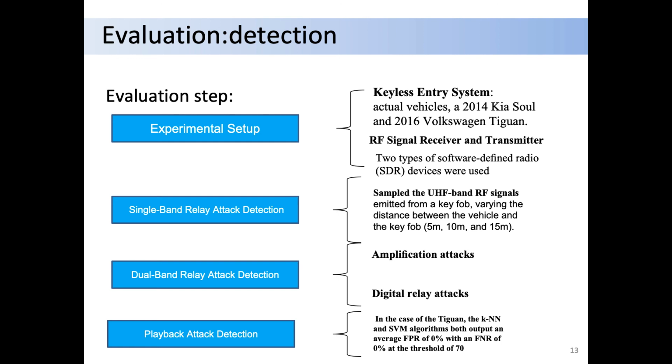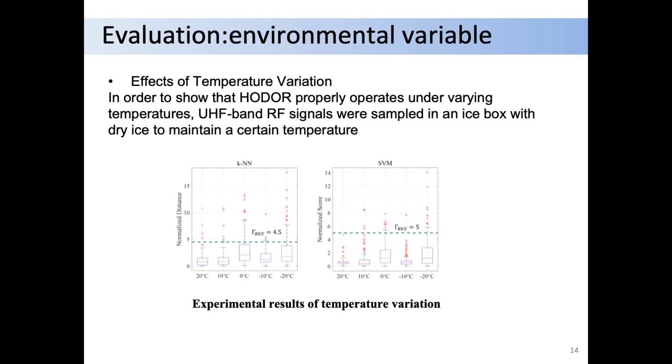The process is to first use the RF receiver to receive the signal from the simulated adversary, and then use a classifier to make a judgment to verify it, and to see if the hardware is tolerable to environmental variations.